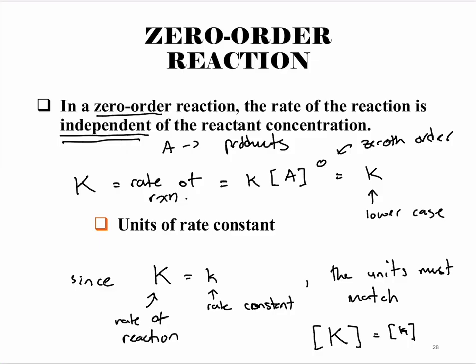This says the units of uppercase K have to equal the units of lowercase k. So the units are molarity per second. And again, this means the rate is independent of time. The rate of reaction is not changing.